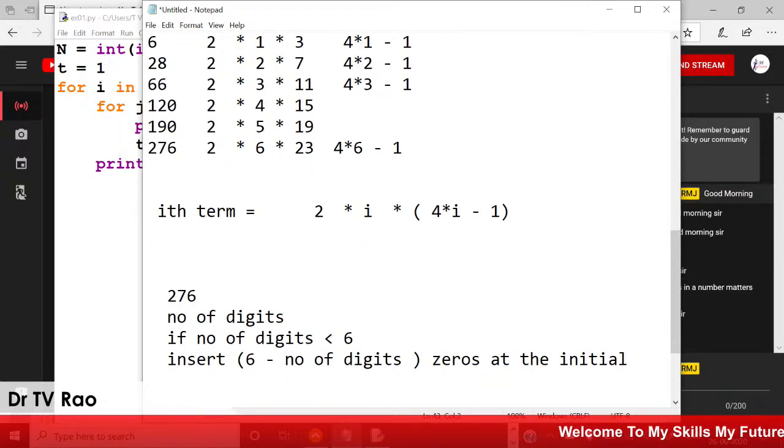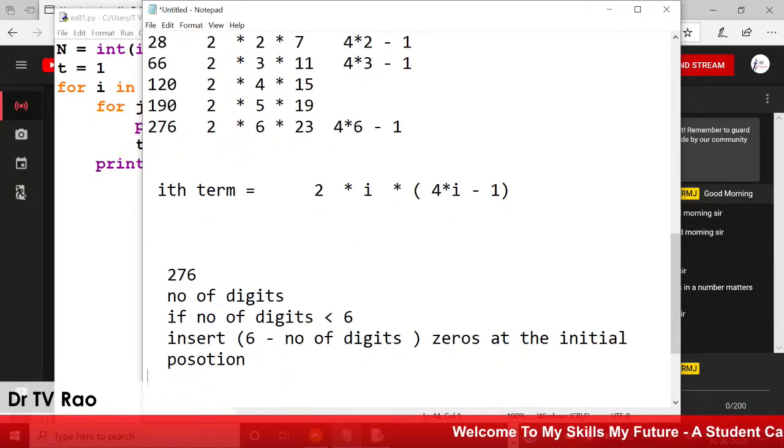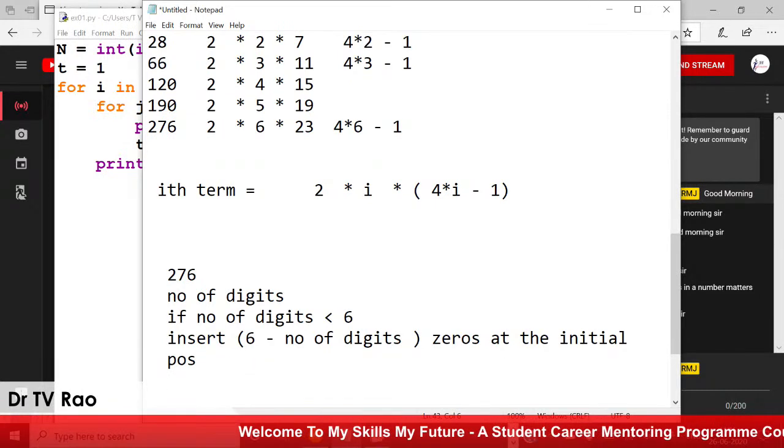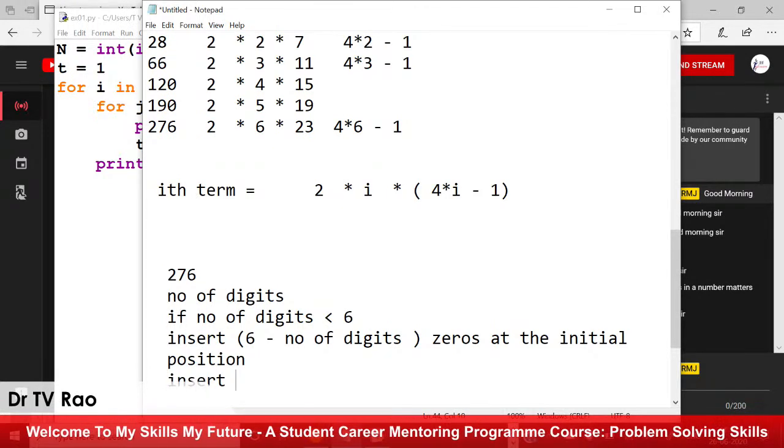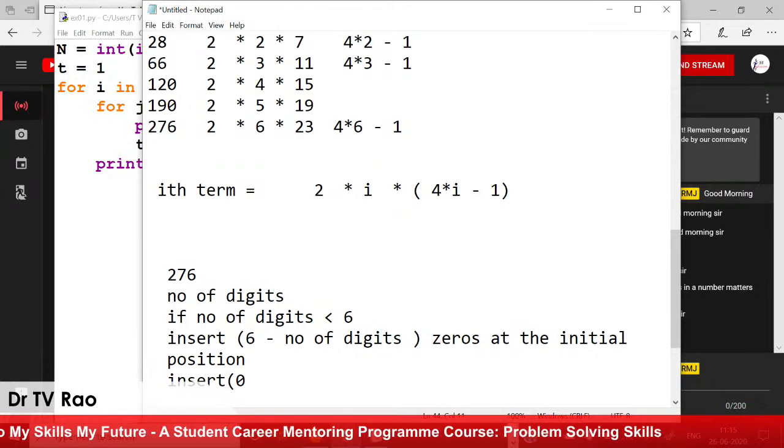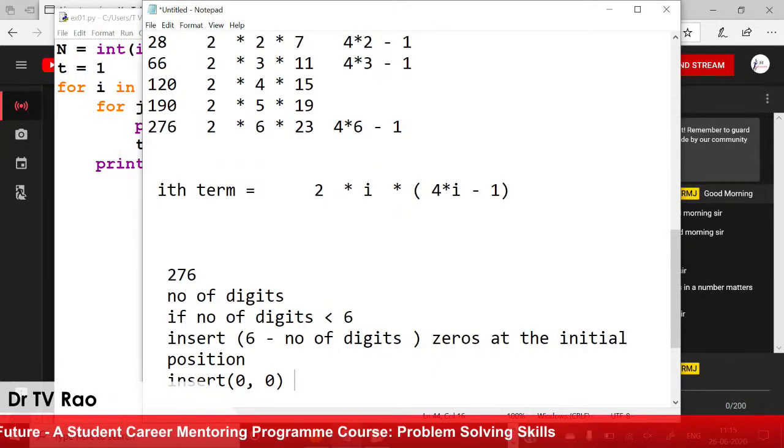Okay, what is initial position? Position 0. You cannot use append here. Append adds at the end. Okay, you must use insert at position 0.